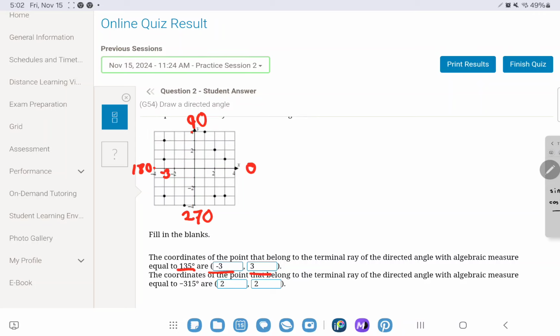Now for the second half, they want -315. What this means is you're gonna go clockwise until you reach the same thing. So we're gonna start from here. Look, since we're starting from here, because it's negative, you're gonna go clockwise.